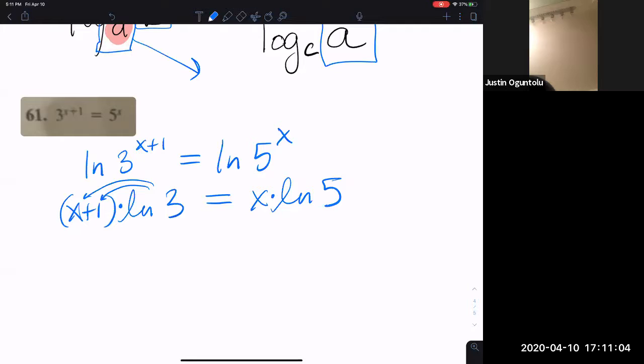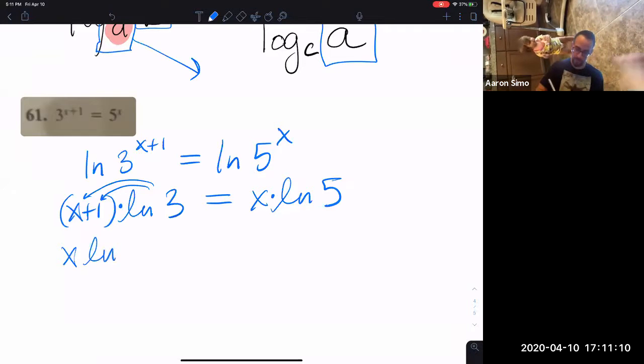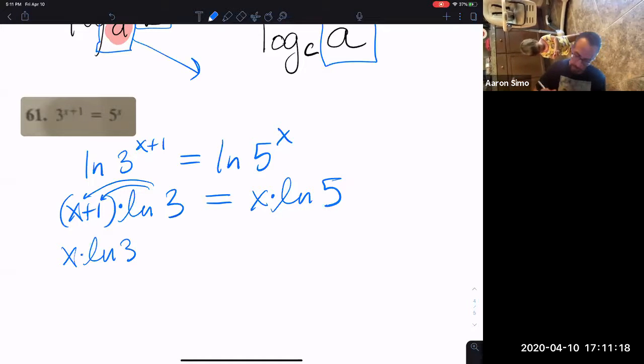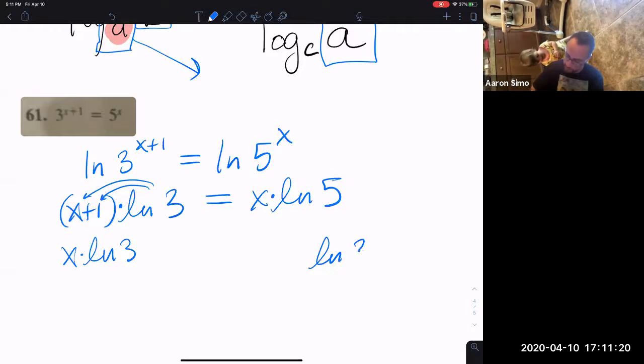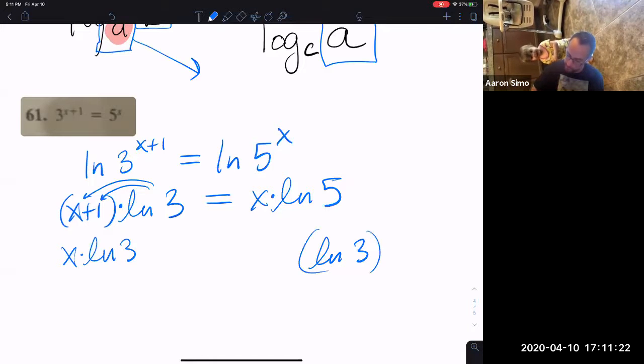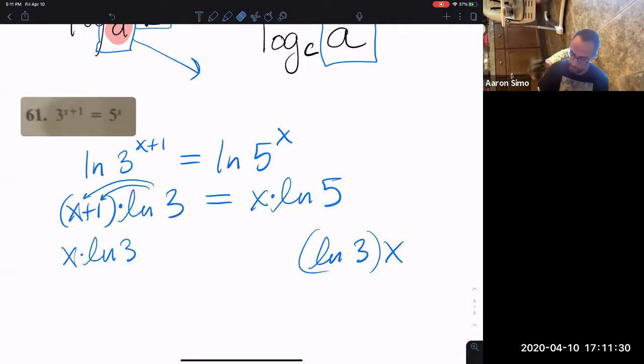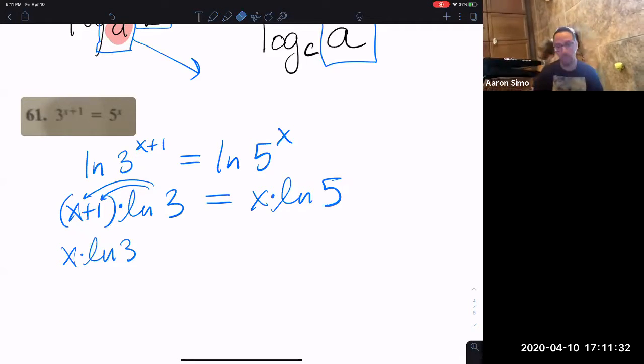It's better to say x ln of 3, because you don't want to confuse the x as being with the 3, because it is not. You could also write ln of 3 parentheses x, but my recommendation is to just put the x in the front.